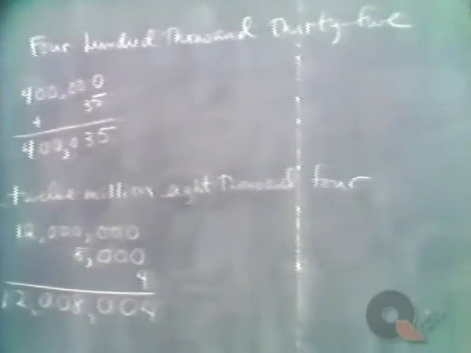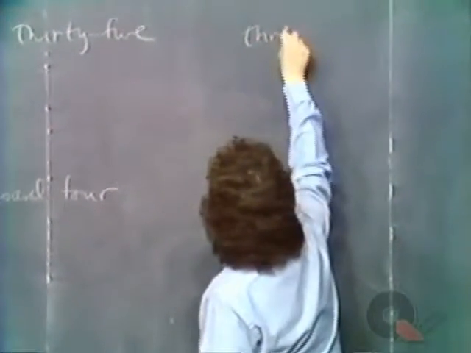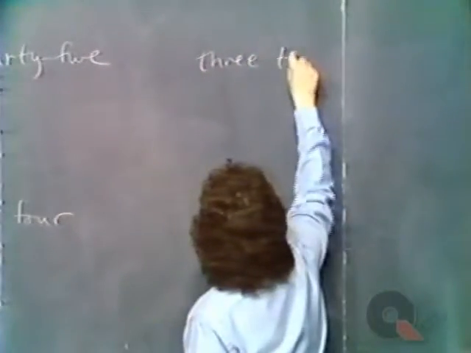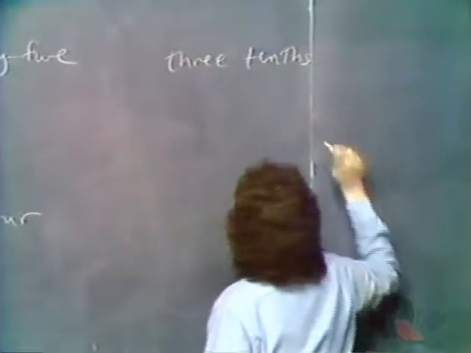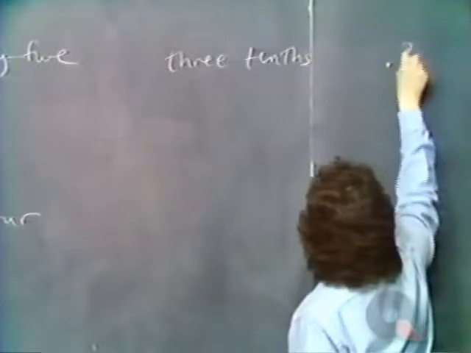Okay, let's continue. Three tenths. We would write that as 0.3.